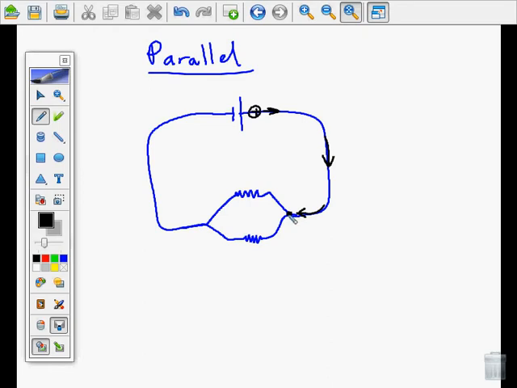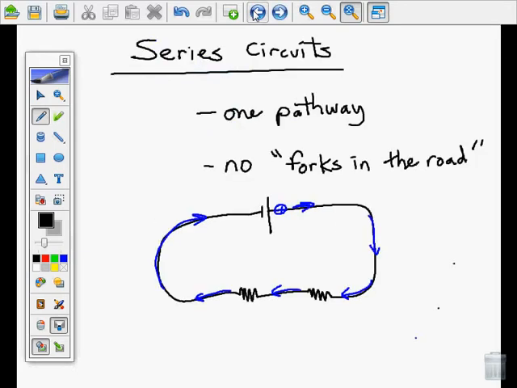Now there's a little fork in the road, and some of the positive charge flows up this way, and some of the positive charge goes down that way, and then the charge is reunited, and then all of the charge goes back to the battery. So that's tomorrow's lesson, parallel circuits. Today's lesson is on series circuits.